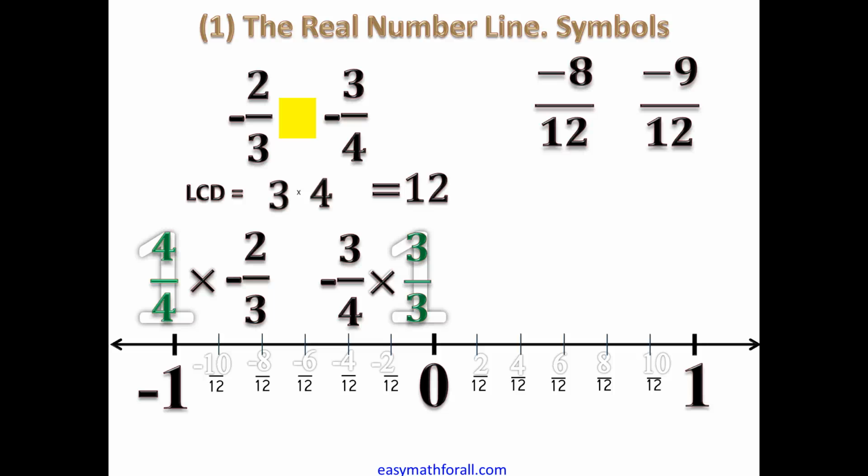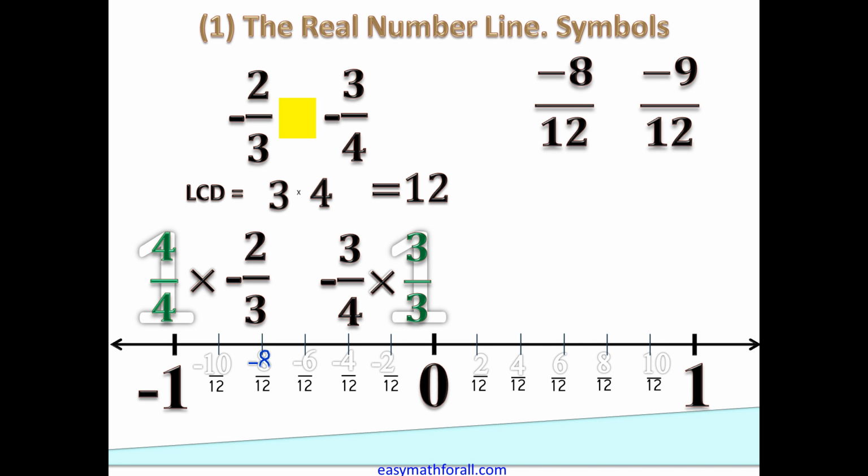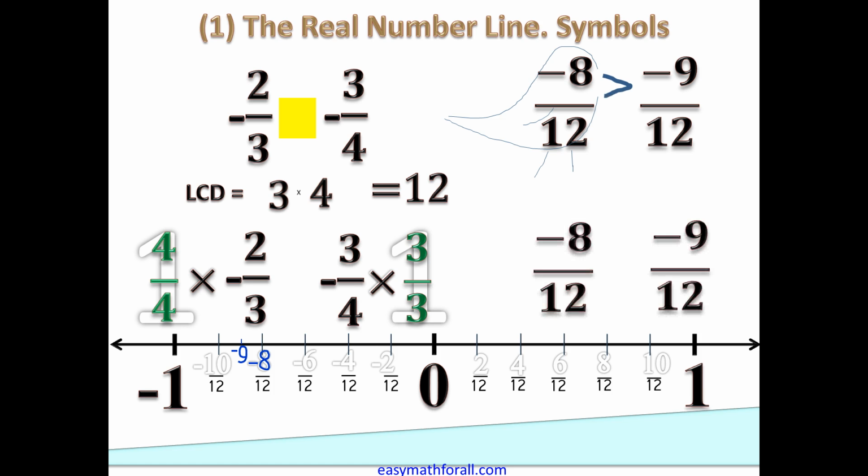Now, highlighting the first numerator, negative 8, and then the second, negative 9, remembering that all numbers grow from the left to the right, so negative 8 is greater than negative 9, and negative 8 over 12 is my bird. Negative 8 over 12 is greater than negative 9 over 12. And our final answer is negative 2 over 3 is greater than negative 3 over 4. I think I got it.